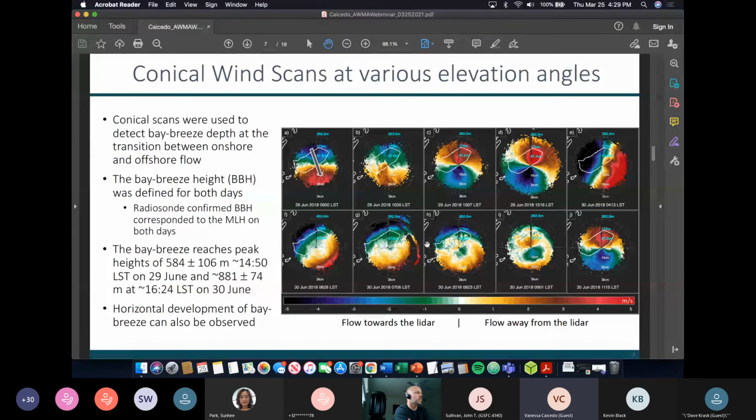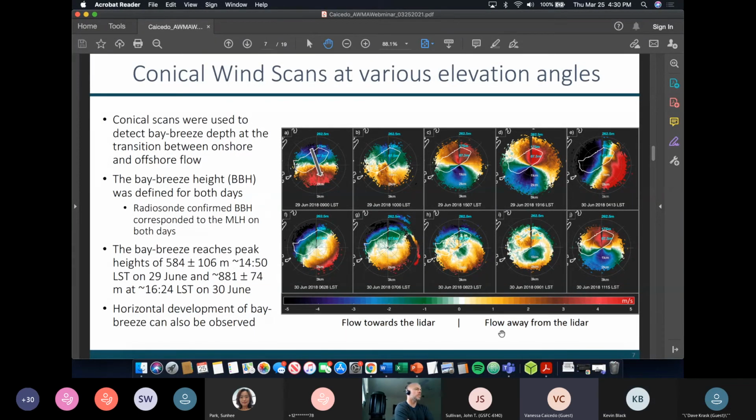Now these scans are just at a single elevation. So the beam of the lidar will not be just pointing straight horizontally, but we do use different elevation angles. So for this one, after the measurements in maybe letter I, we don't see that transition anymore.